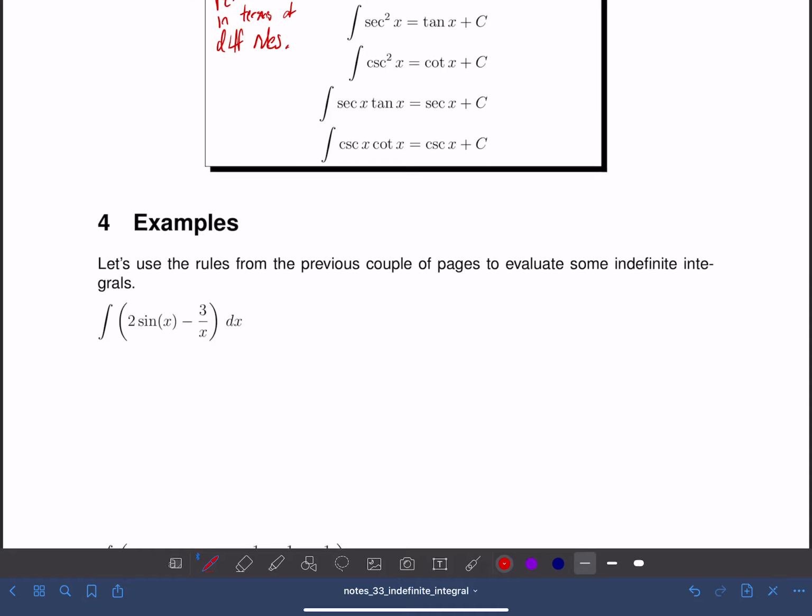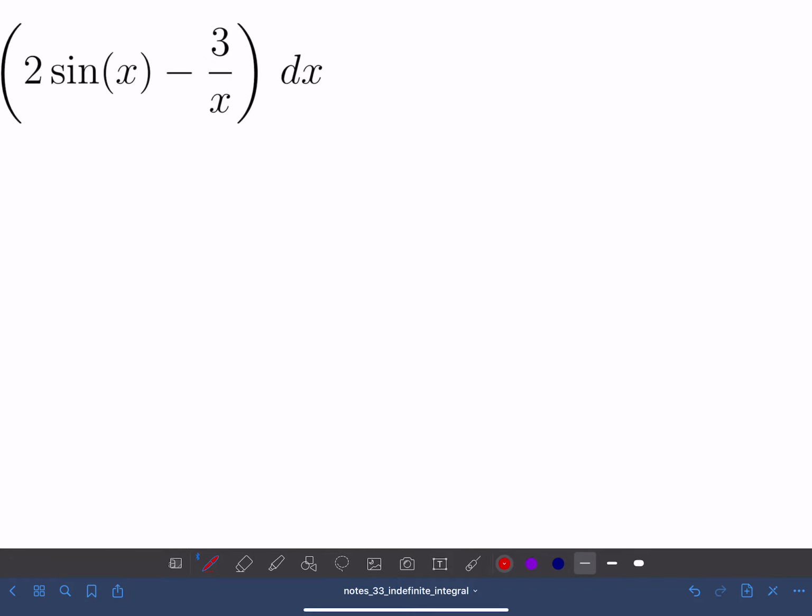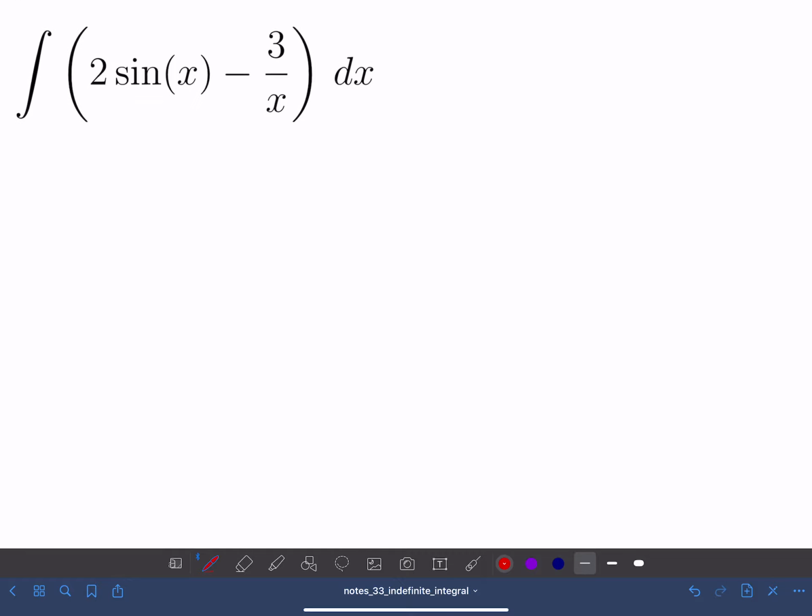I am. So let's evaluate the integral of 2 times sine of x minus 3 over x. Okay. The first thing that I'm going to do is I'm going to use linearity.